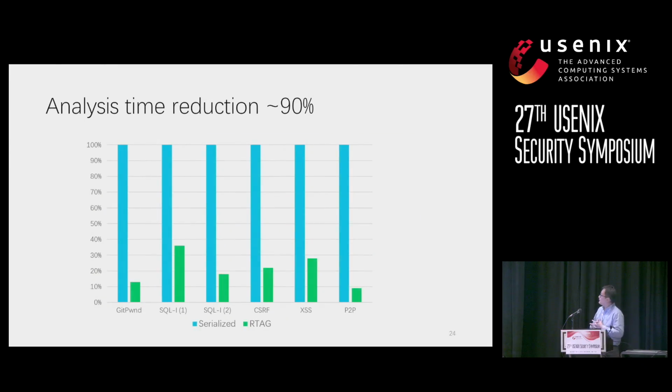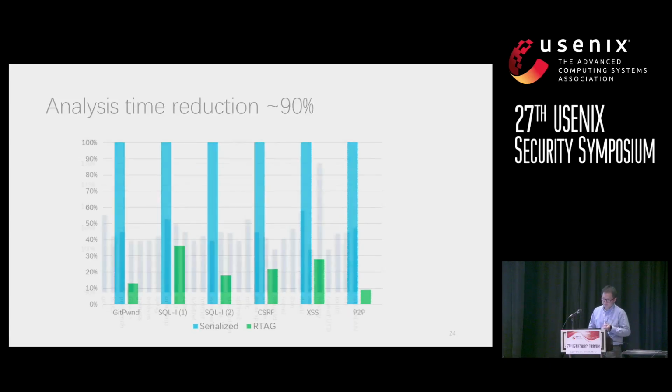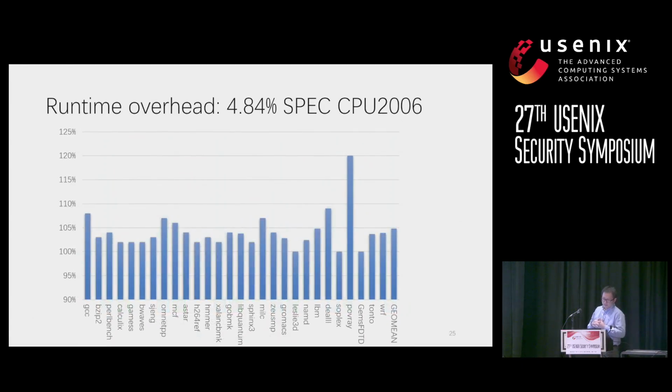And this is our analysis time reduction compared with the other cases when the analysis is all serialized. It can reach up to 90% reduction. For the runtime overhead, we run the SPEC CPU2006 benchmark, and the mean runtime overhead is less than 5%.